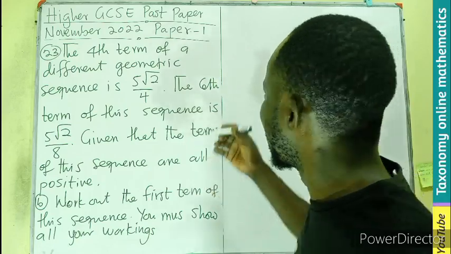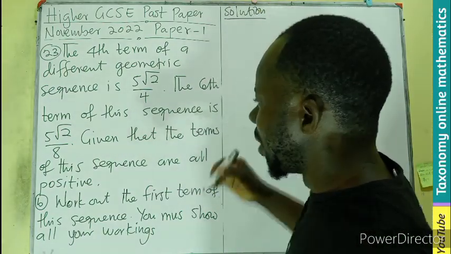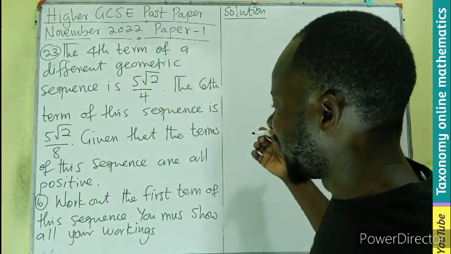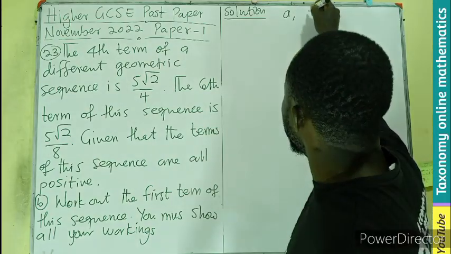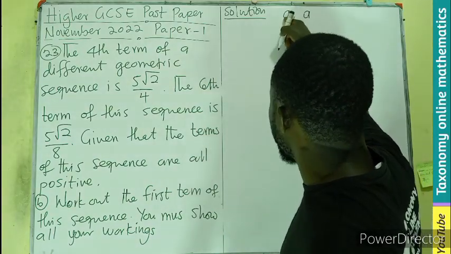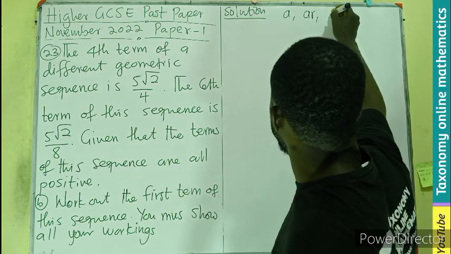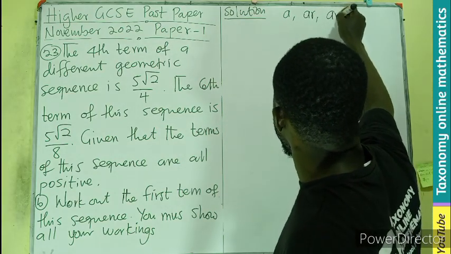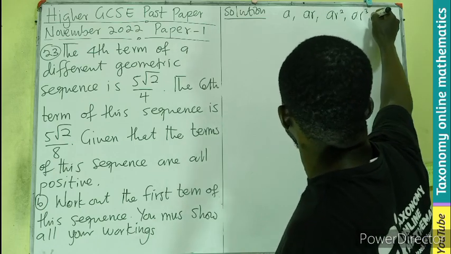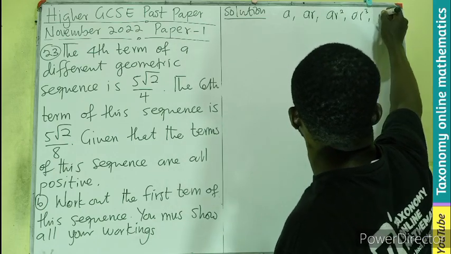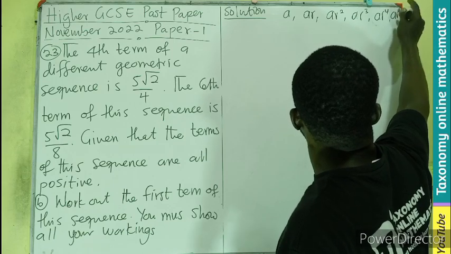Alright, in this case, let's begin. When we talk of a geometric sequence, the sequence can be written with A as the first term, then the common ratio multiplied by the first term gives us the second term. So the third term will be the second term times the common ratio, which is A R squared, and so on up to the sixth term, A R exponent 5.